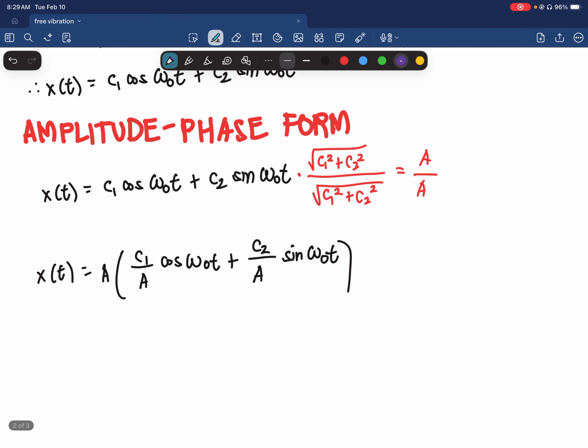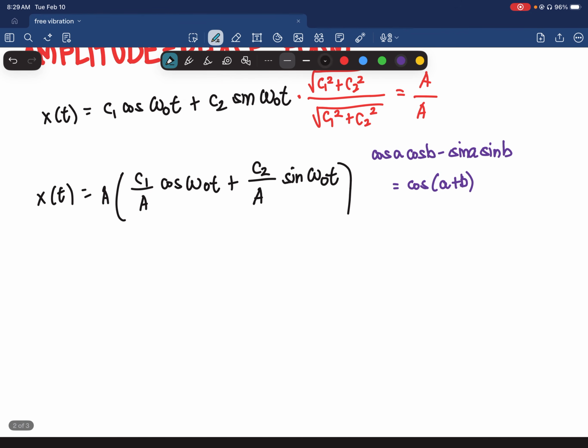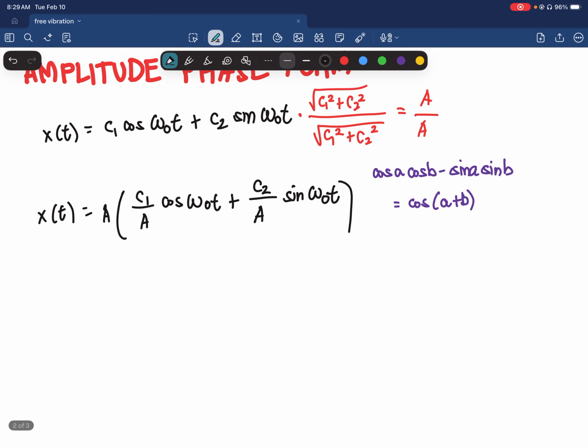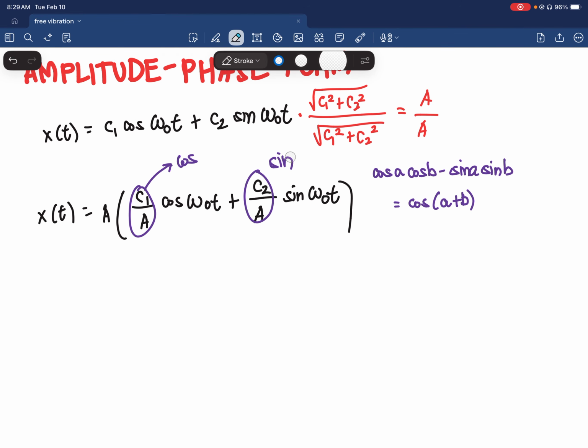So, the format na gagamitan natin ay whenever we have, let's say, cosine of A multiplied by cosine of B minus sine of A multiplied by sine of B, that is equal to cosine of A plus B. Yan. So, gusto natin itong gawing cosine and we want this to be sine. Okay? So, set lang natin siya doon sa parameter na yan.